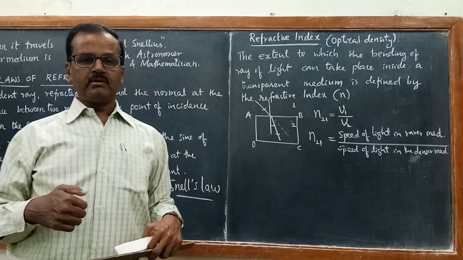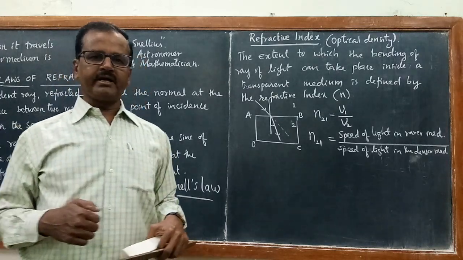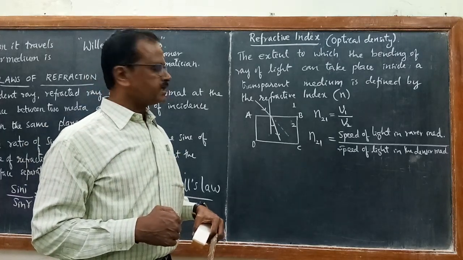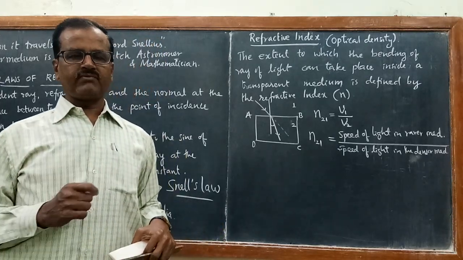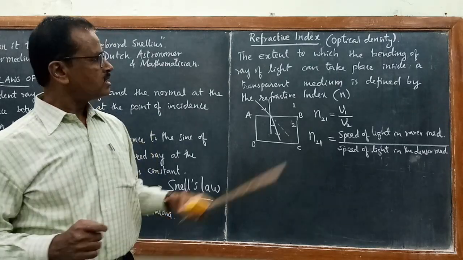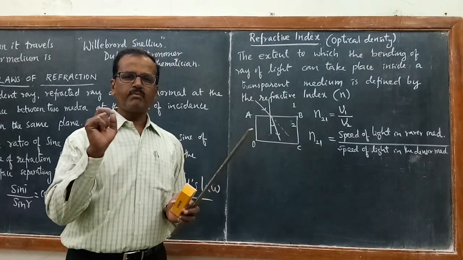For example, what is the density of water? 1 gram per cc. Whereas the optical density of water is different. It is 1.33.